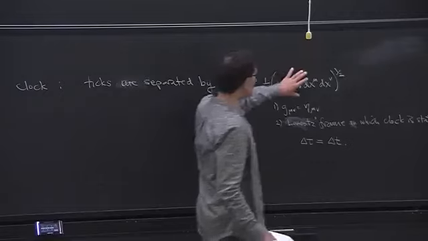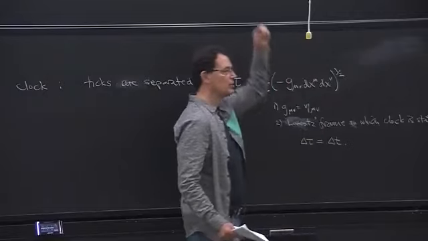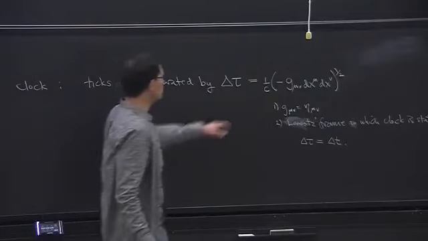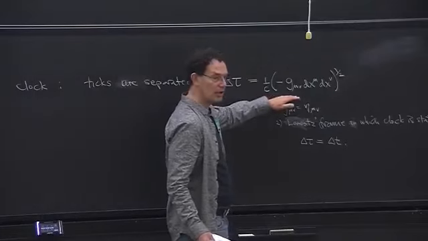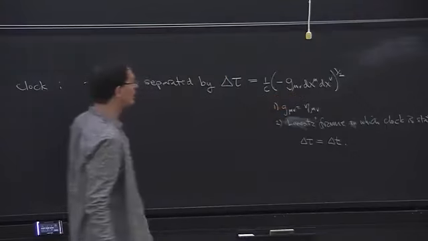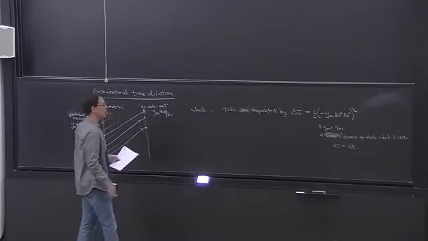Okay, so this expression equals the time interval between ticks of the clock, and because it is invariant under general coordinate transformations, it's equal to the same time interval in any coordinate system.